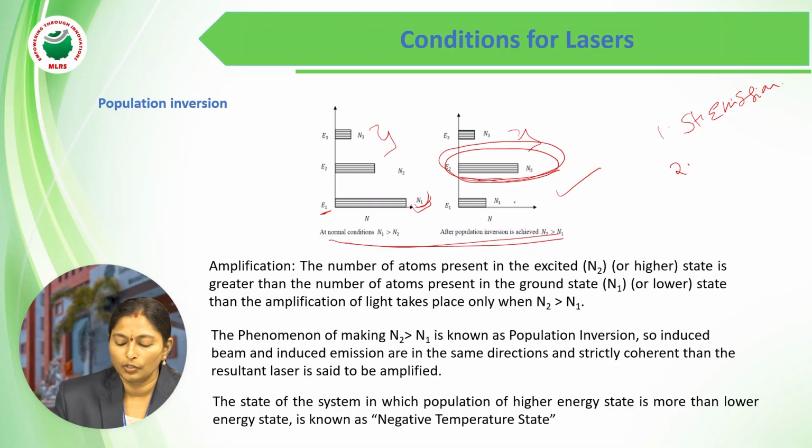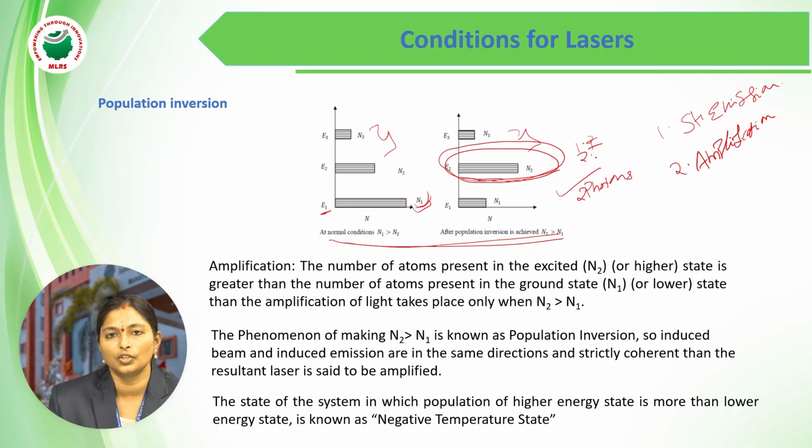Stimulated emission, and next is amplification. How do we get amplification? While emitting, we get 2-photon emission. What are these 2 photons? One is the incident photon, and the second is from the external energy given to the excited state.